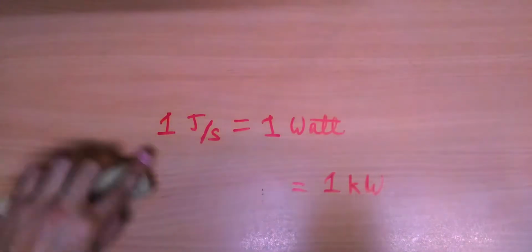Now let us come to the commercial unit of energy. Remember, power is the rate at which you do work. But when you are actually paying the electricity bill, you are paying for the electrical energy that they supply, not for the power, because power is the rate at which you do work.